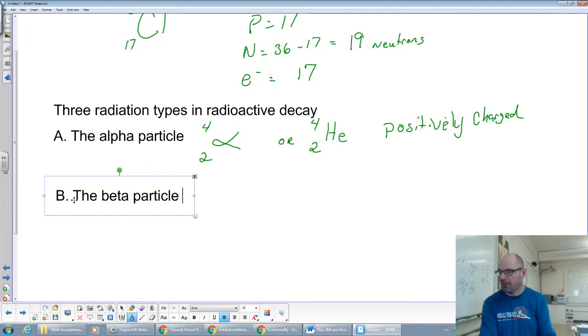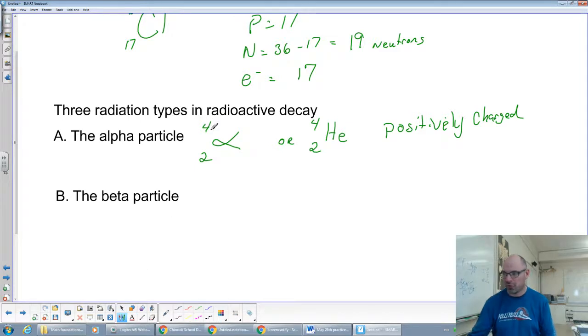Okay, and this is a particle that is just an electron. Okay, so it has no protons and no neutrons. So no numbers here. In fact, it's usually written with a negative on it. Okay, so beta decay looks like this.